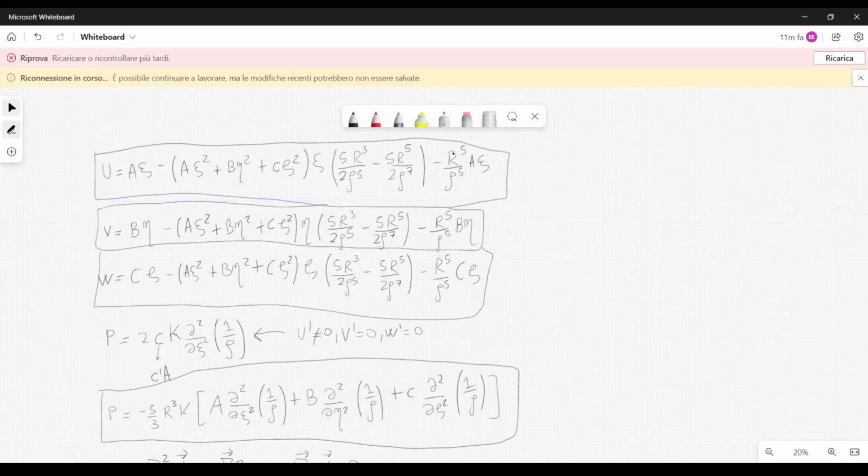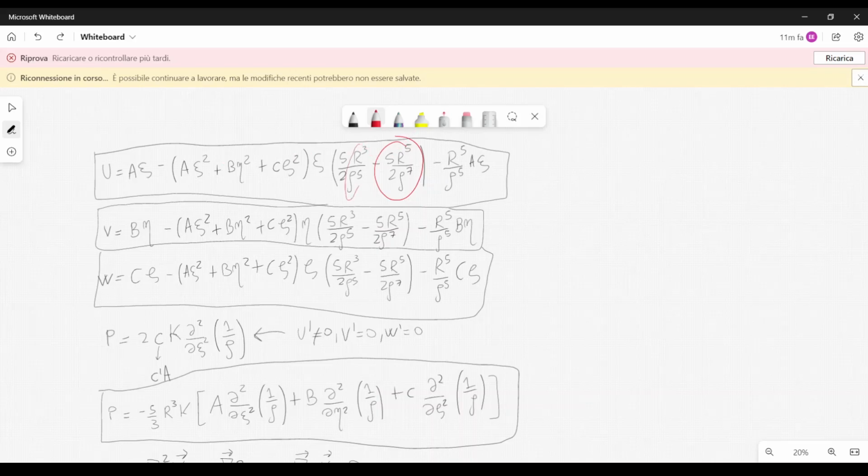In particular, we can simplify this term here, because you can see that there is a higher power of r over rho. In this case here we have the power r cubed over rho to the fifth, but if you want you can put rho squared out here, because you can see that this term is also proportional to rho squared. It is of the same order as rho squared. It behaves as rho squared.